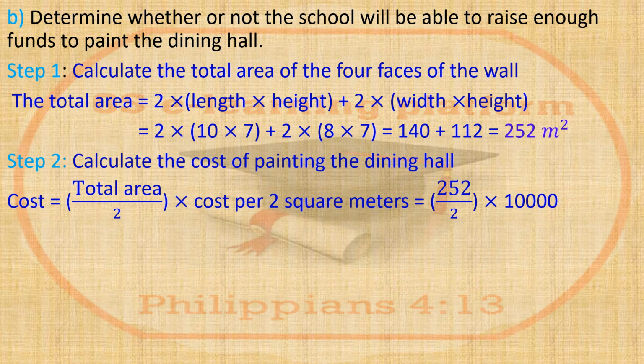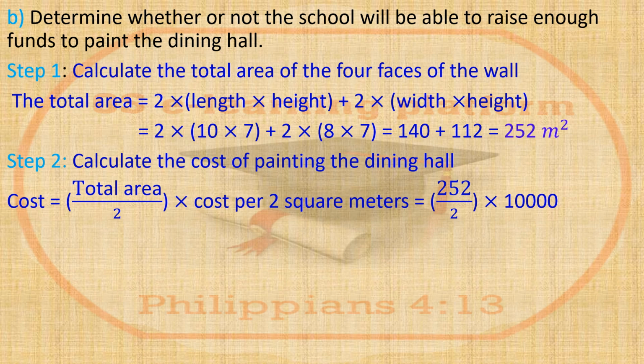Here I just decided to go through it straight. However, you can determine the cost of each square meter, and then multiply it by the 252 square meters. So now here, for me, I just went through very fast.